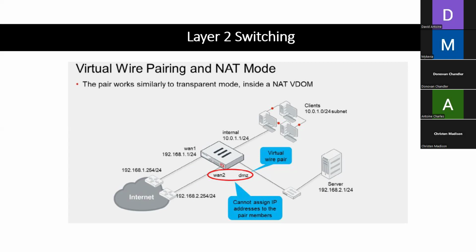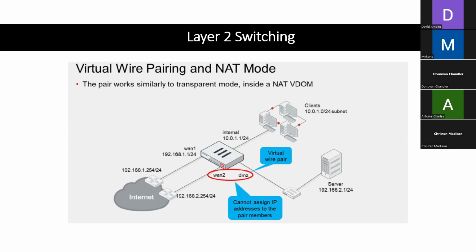The fundamental rule of a virtual wire pair is that they bound 2 ports together to be part of the same broadcast domain. And the exception is traffic can only pass through those 2 ports. It can't go to anywhere else.